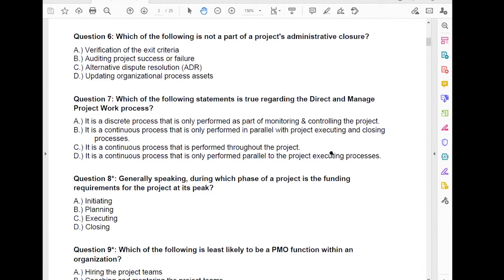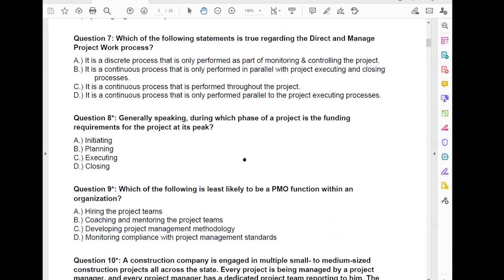Okay, number 7. So which of the following statement is true regarding the direct and managed project work process? Letter A, it is a discrete process that is only performed as part of monitoring and controlling the project. Letter B, it is a continuous process that is only performed in parallel with project executing and closing processes. Letter C, it is a continuous process that is performed throughout the project.